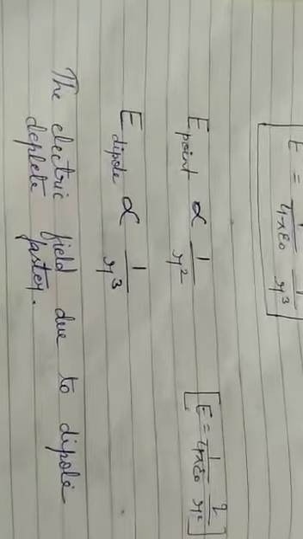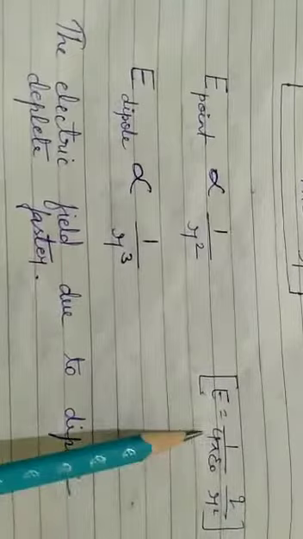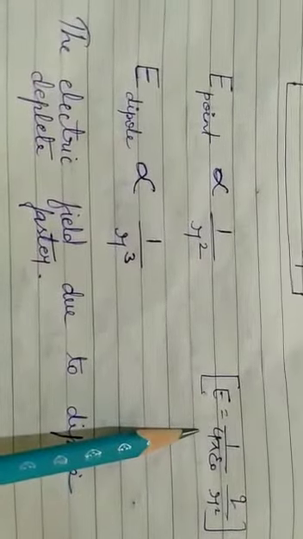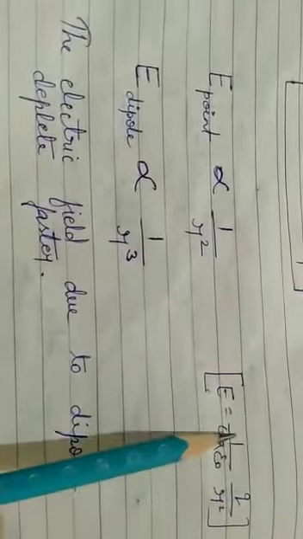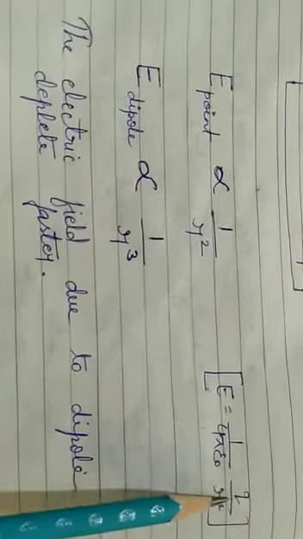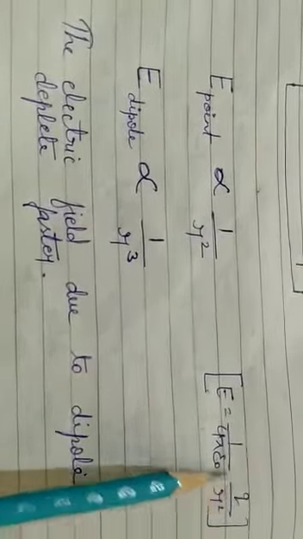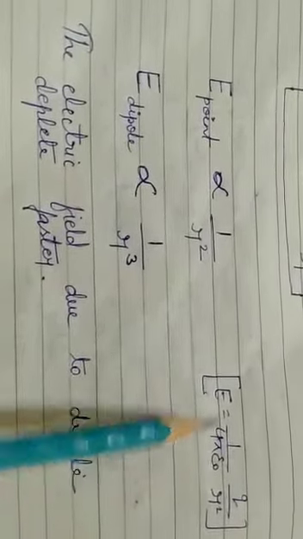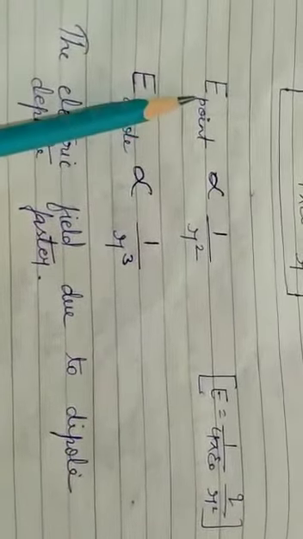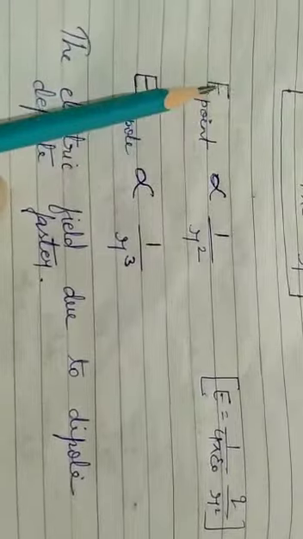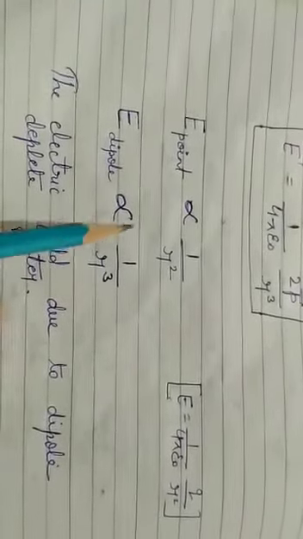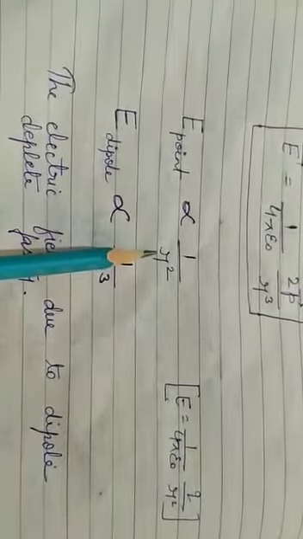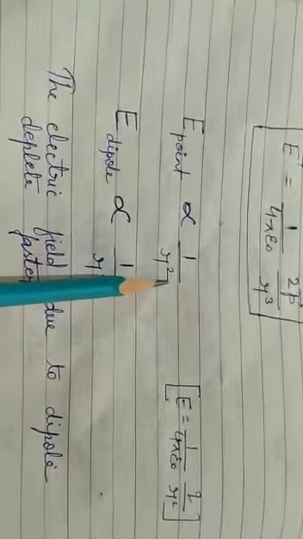Here you can see, because of a point charge, this is the electric field: 1 upon 4 pi epsilon naught and Q are constant quantities. So we can write that E, the electric field due to a point charge, is inversely proportional to the square of the distance.